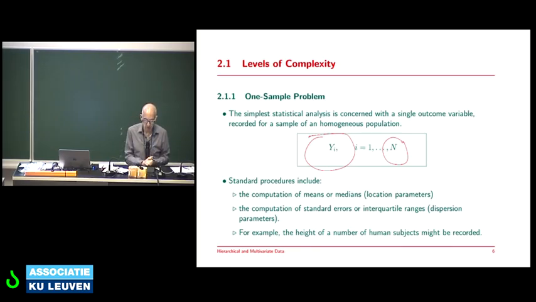Therefore, we usually quantify the variability through standard deviations at population level, standard errors around an estimate for a population mean, for example, but sometimes also interquartile ranges or other non-parametric methodology.